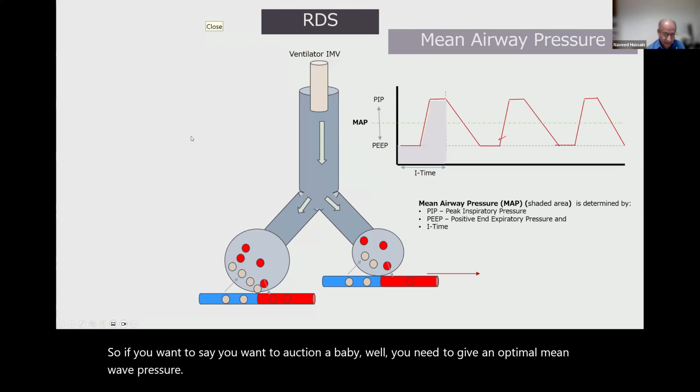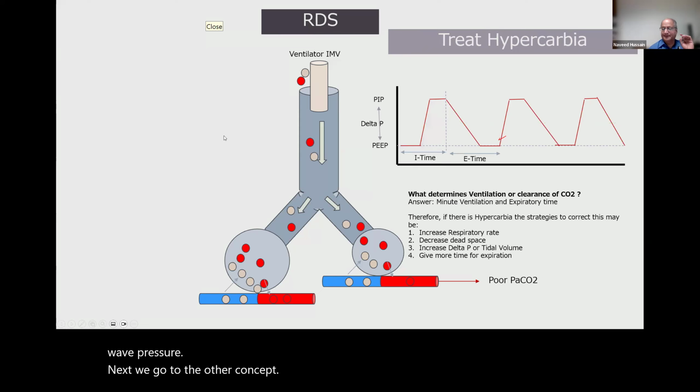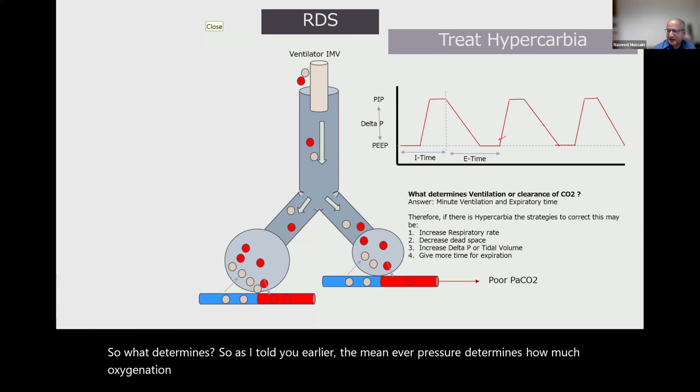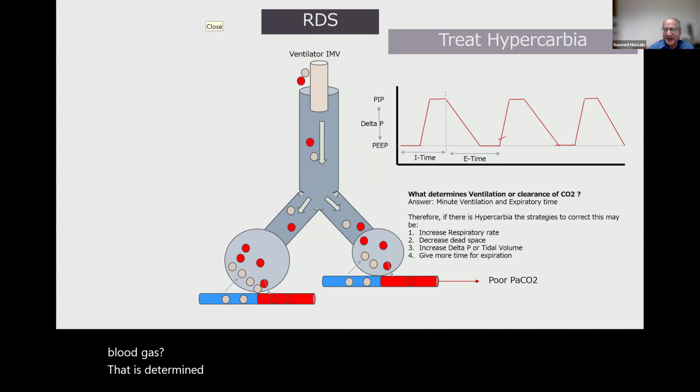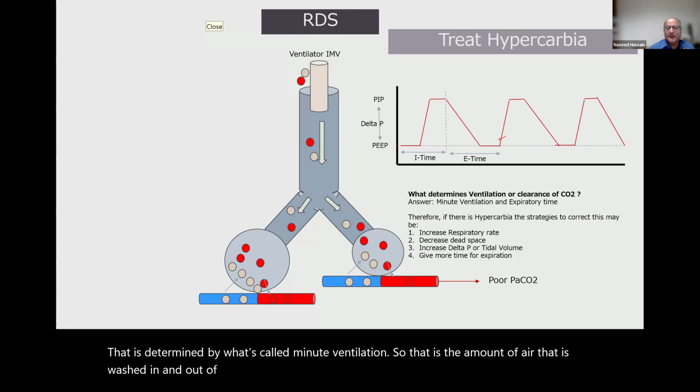Next, we go to the other concept, which is the concept of minute ventilation. As I told you earlier, the mean airway pressure determines how much oxygenation the baby is going to get. But what determines the carbon dioxide level in your blood gas? That is determined by what's called minute ventilation, the amount of air that is washed in and out of the lung within a minute.